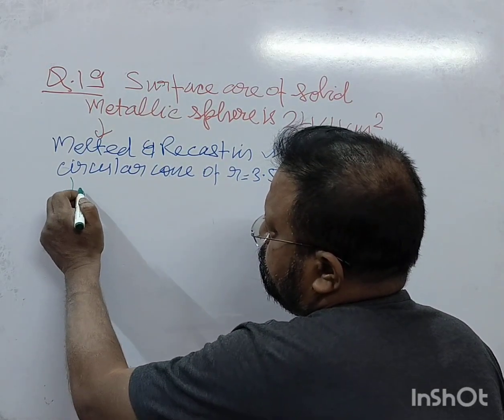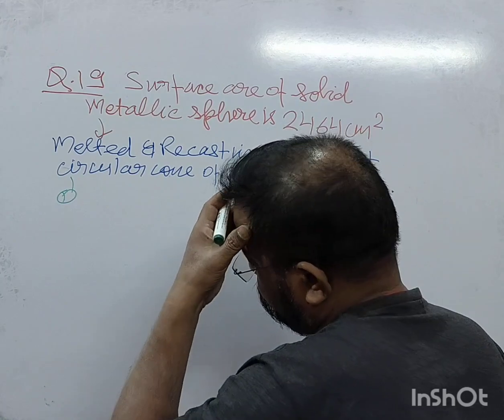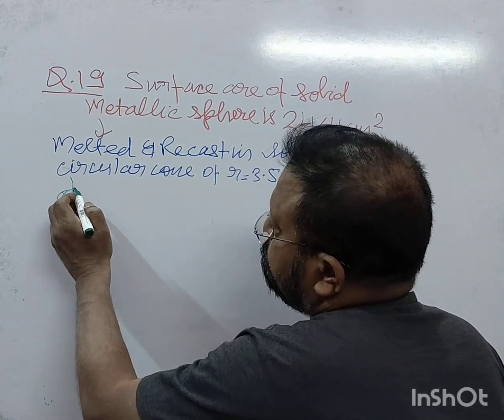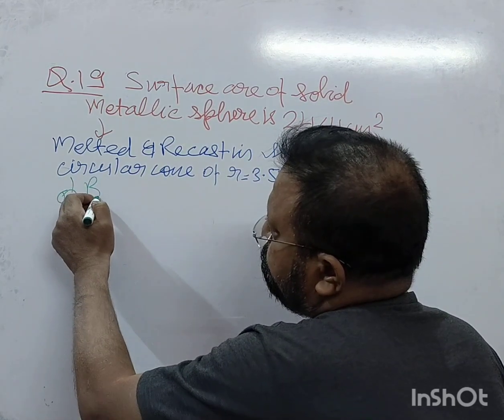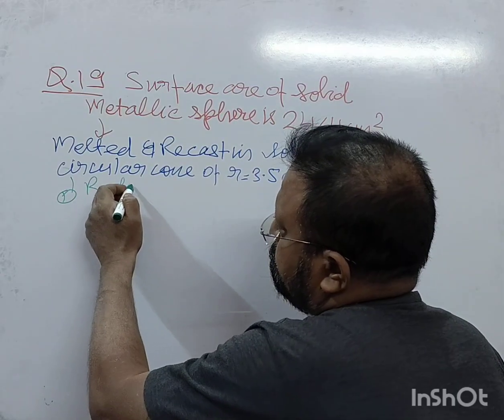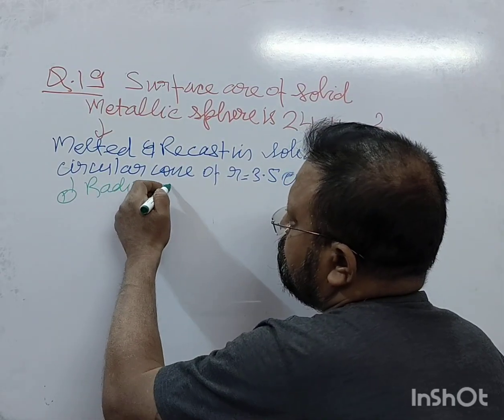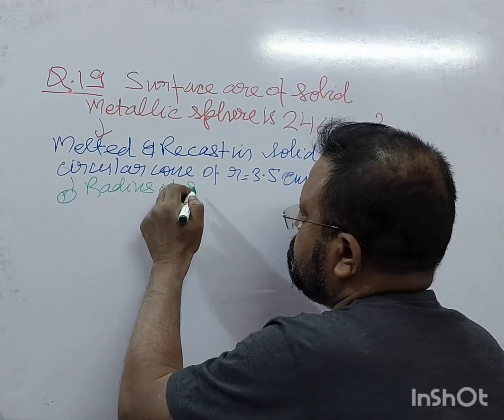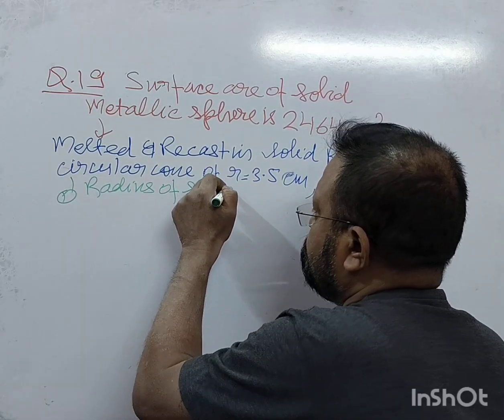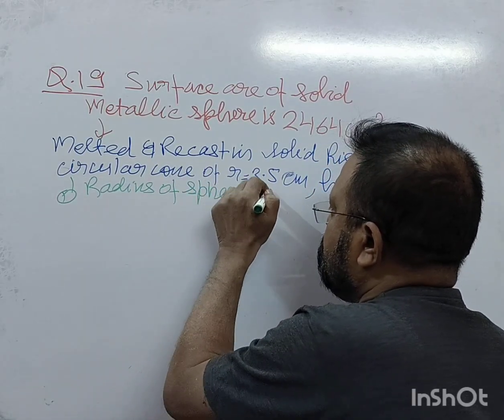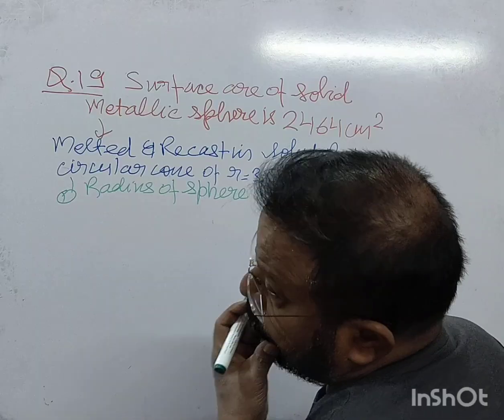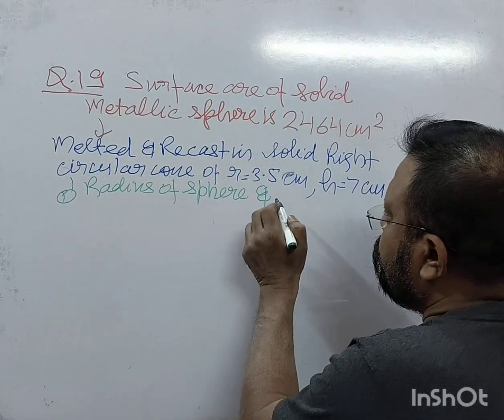Take pi as 22 upon 7. Part 1: the radius of the sphere, and second, the number of cones.